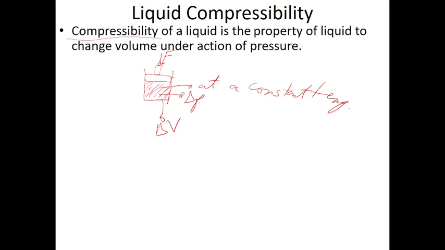So, ngayon, meron tinatawag na compressibility of a liquid. This is the property of liquid to change volume under the action of pressure. Okay? So, dahil nagbago yung pressure, magbabago din yung volume. So, how do we measure now compressibility? Ito lang yung formula natin.